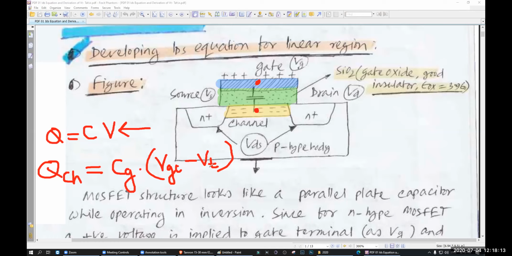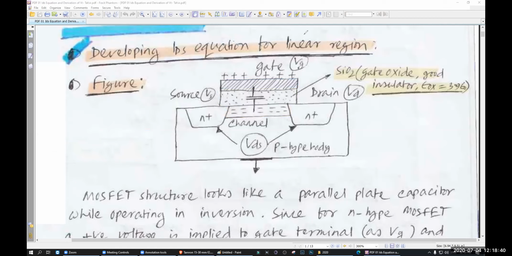This formula is for this MOSFET, right? The MOSFET capacitor is not formed yet. It will be formed when you spend some voltage. That is the voltage VT. When you spend this voltage, that time you will have a capacitor, that time you will have a formula. Q is equal to C times VGC minus VT. Understood? I believe you understood.